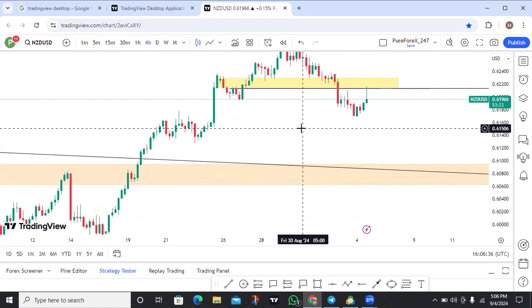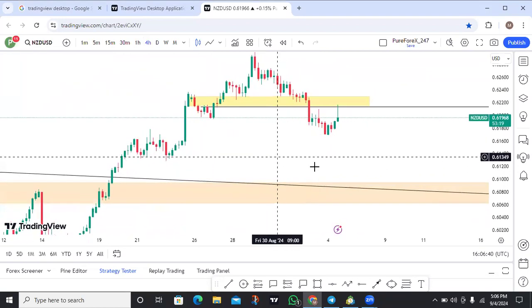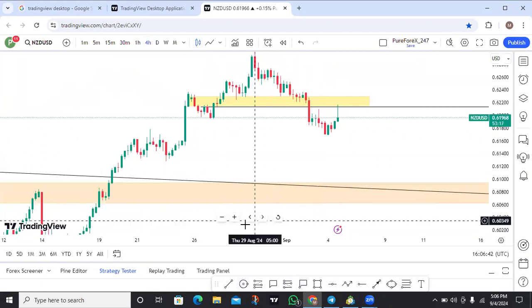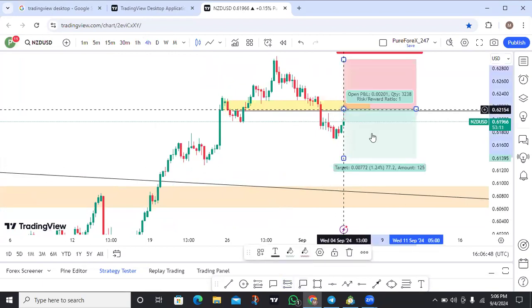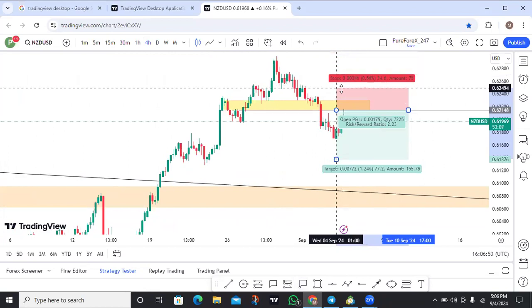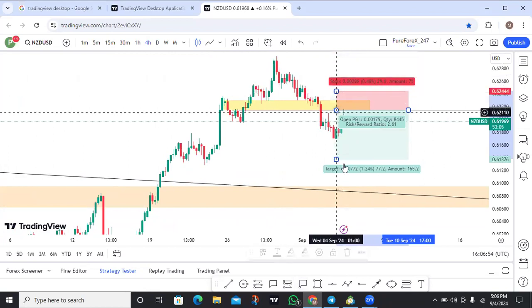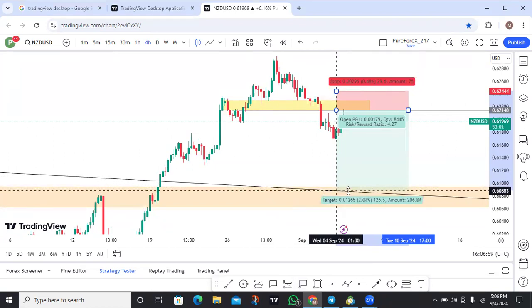So what are we going to be expecting? Can we just enter directly from H4? If we enter directly from H4, what is going to be your risk to reward? So let's say we enter from this point. We may want to put our SL here, and then ride back down to this zone here.